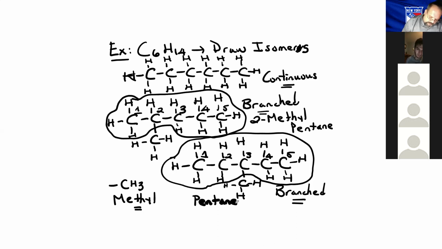So in this case, you would have 3-methylpentane. And that's another hint that they're isomers of each other, because their names are different. For the second one here, B, you have 2-methylpentane, and on the bottom one here, you have 3-methylpentane. So that's how you would name those.